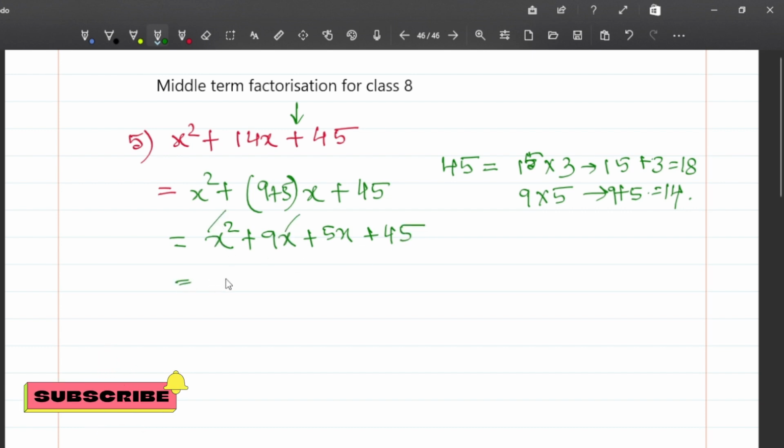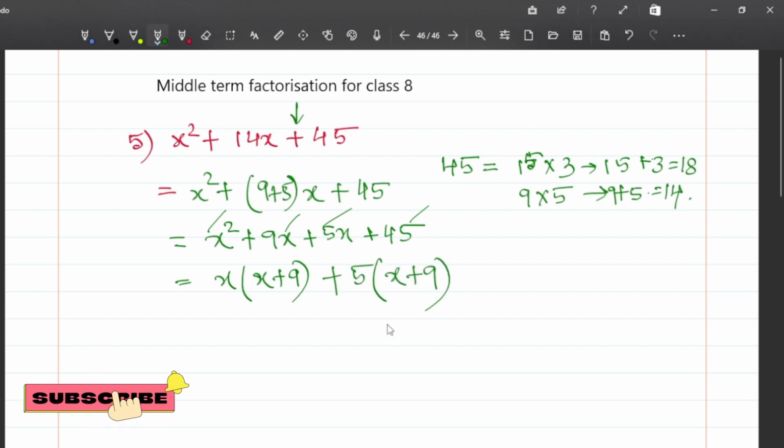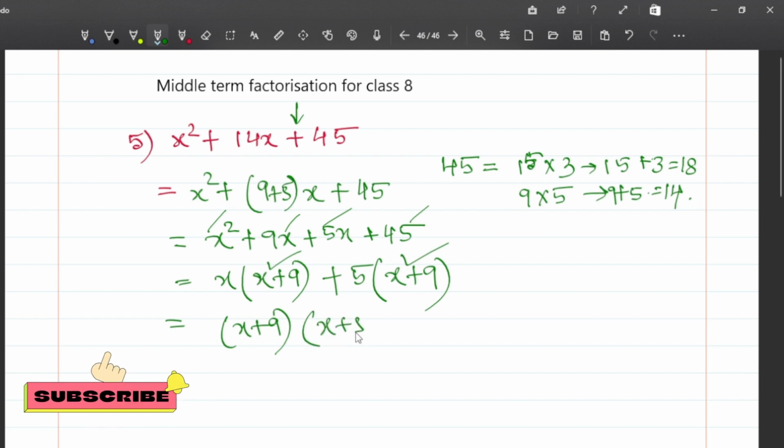Now take common x from the first and second term and take 5 common from the third and fourth term. Now take common x plus 9. So another factor is x plus 5.